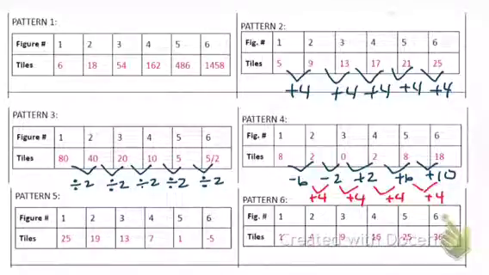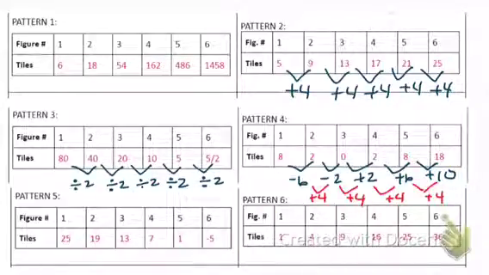With that being said, what would the 7th term be? What would I be adding to 18 to get the 7th term? Beautiful. 14. Good. And we'll take a look at that on the next page. I just want to make sure you guys can see that pattern.